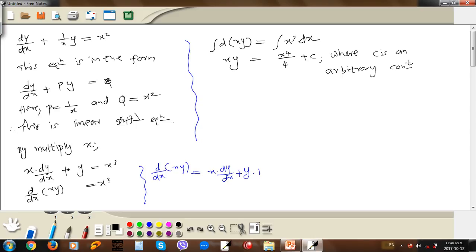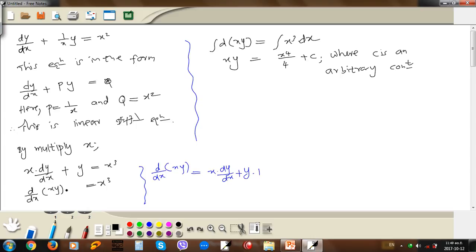So if we multiply this by x, the equation is reduced to that form, a derivative of a product of two terms: the integrating factor and y.